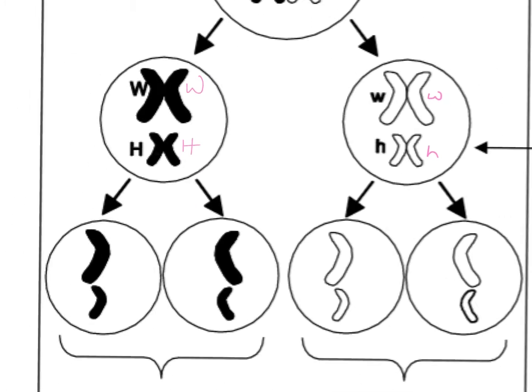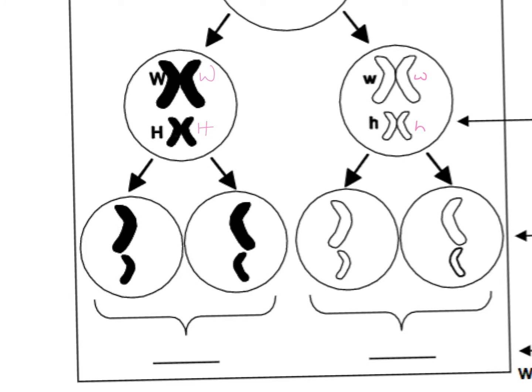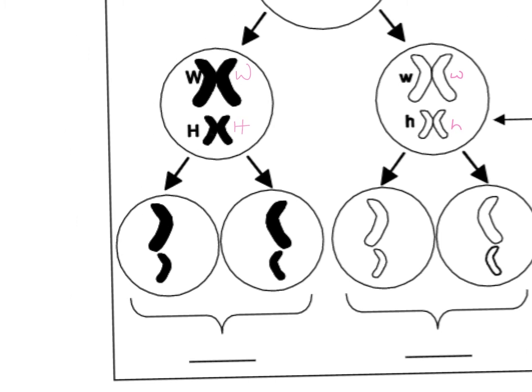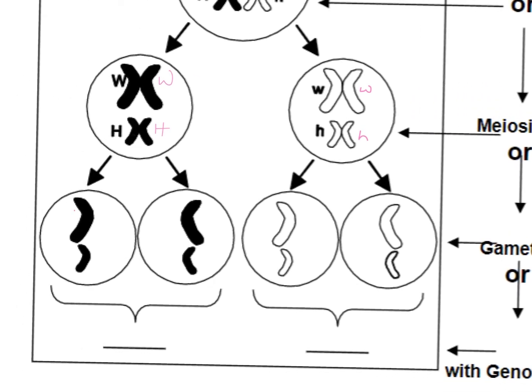Now when you separate them, you're going to get one possible outcome, which is big W, big H here, big W, big H here, little w, little h here, and little w, little h here. Do you see that?